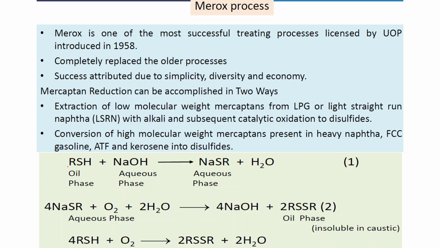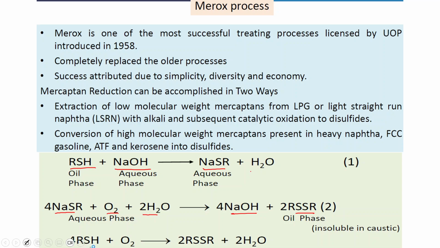The mechanism taking place here is that mercaptan on reaction with NaOH gives sodium mercaptide, which is soluble in water, so it goes in the aqueous phase. And this sodium mercaptide on oxidation gives sodium hydroxide and disulfide.